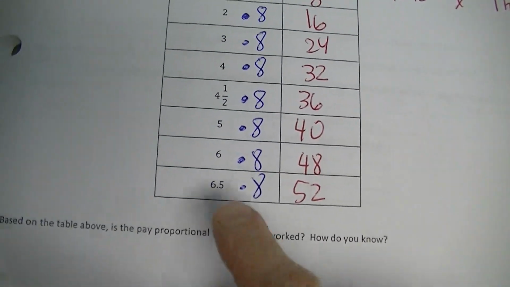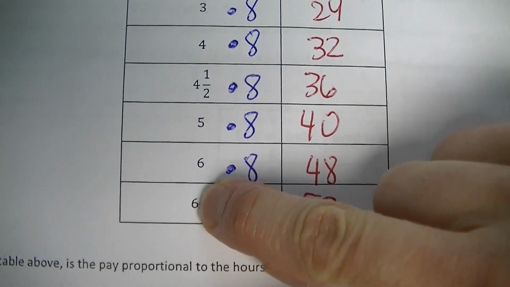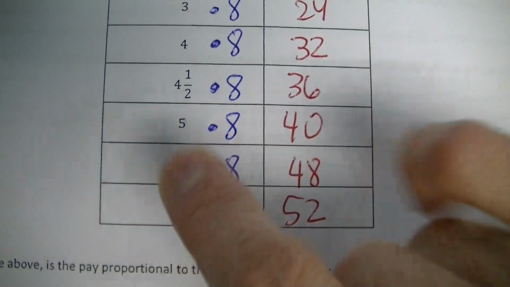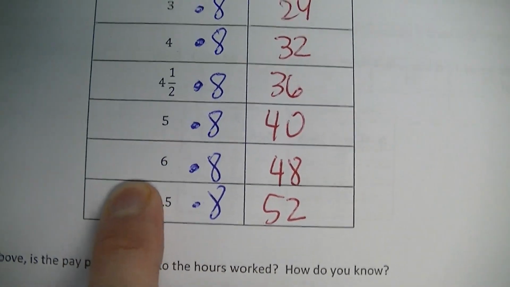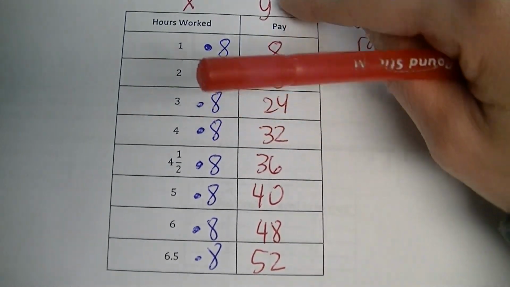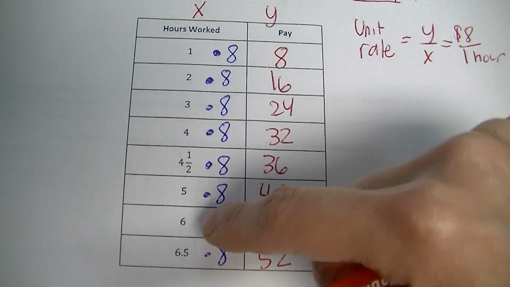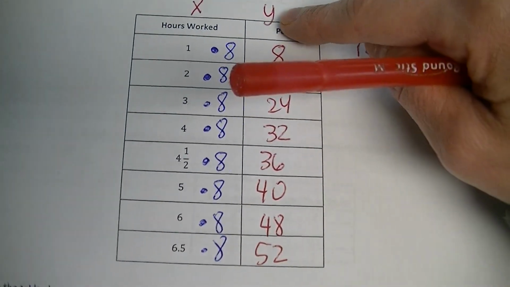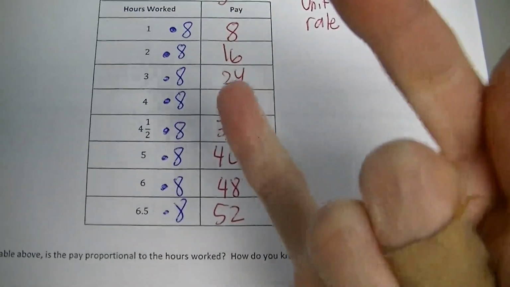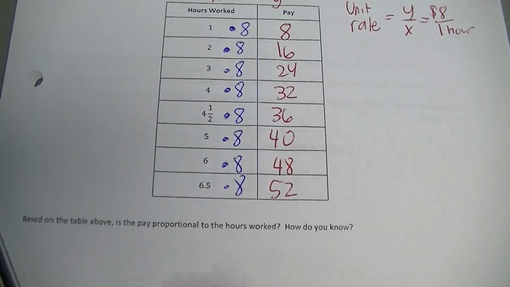If you didn't have a calculator, you can think of it as, 6 hours was $48, and since a full hour is $8, working half an hour would be $4, and 48 plus 4 is 52. 48, 49, 50, 51, 52. So you see that we got a nice consistent unit rate right here.